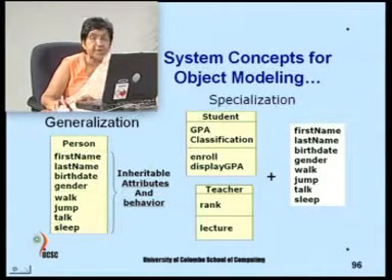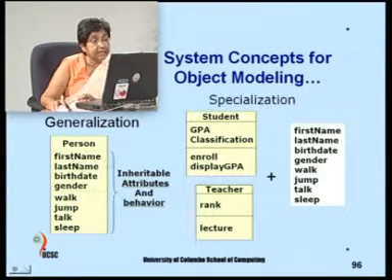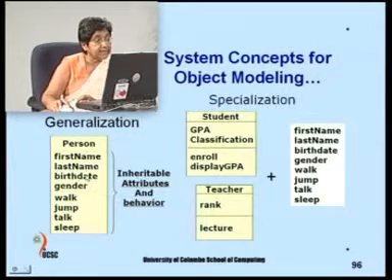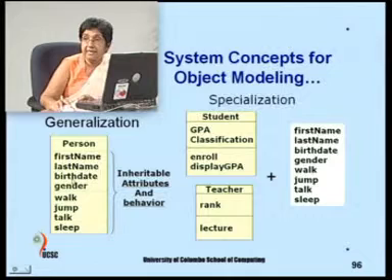So, these are various functions or things that they can do, or methods or their behavior. Now, when we take the type of person student, student will inherit the first name, last name, birth date and gender from the person, because we say student is a type of person. Similarly, teacher we say is a type of person. Therefore, teacher also will inherit all these attributes and all these behaviors.